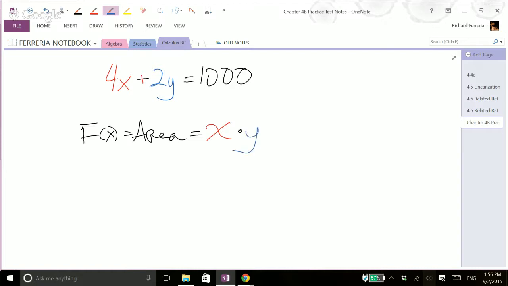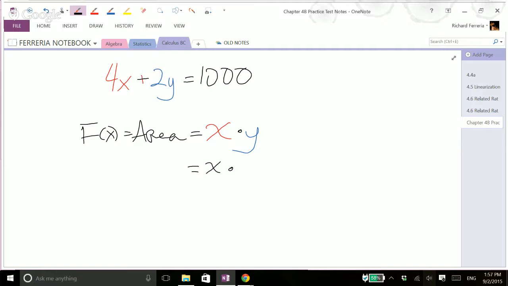So why is that not the answer? This should be in terms of x. Is this equation in terms of x? No, it is not. So this models the area of the pen in terms of x. Okay, cool. So I got to get rid of that y.